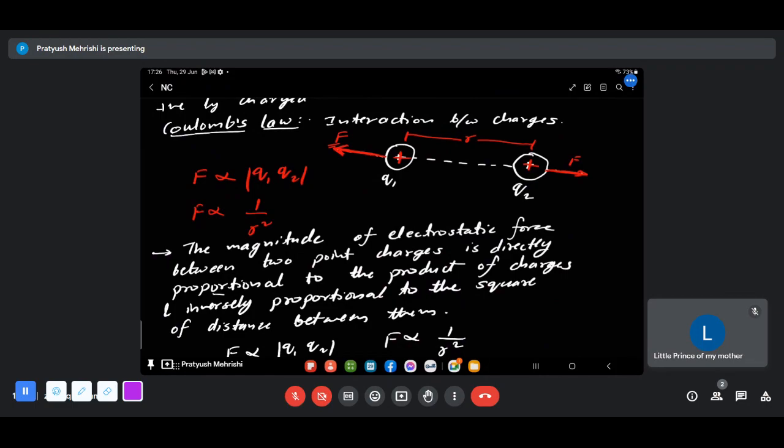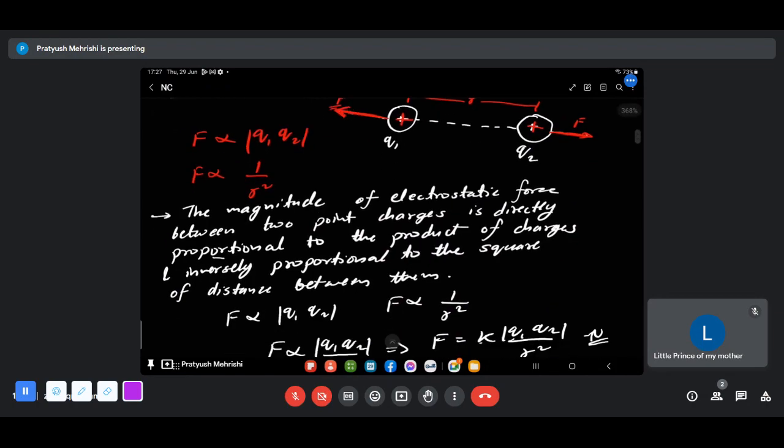That force is called Coulomb's force, and it is directly proportional to the product of charges Q1 into Q2 and inversely proportional to the square of the distance between them. This is Coulomb's law.